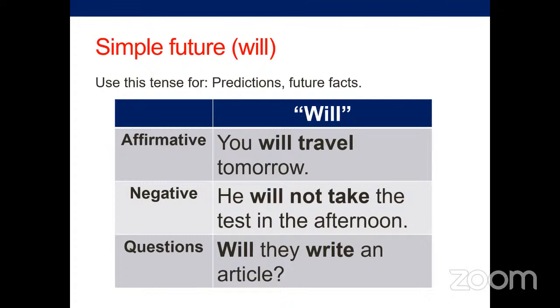But that's not future, like "me ayudarás." No, that's translated to "me ayudarías." So it depends on the context. The context is going to change the meaning of will. But in this case, we are learning will as the suffix, let's say, "ré, remos," right? "Viajaré, viajaremos." That's going to be will in this case.